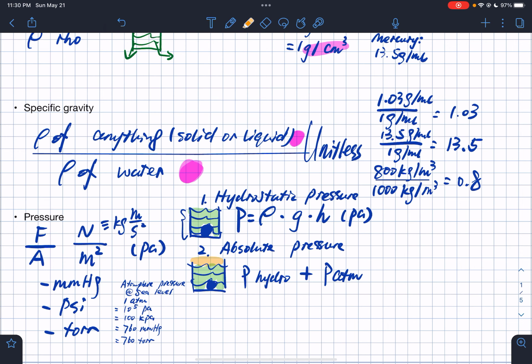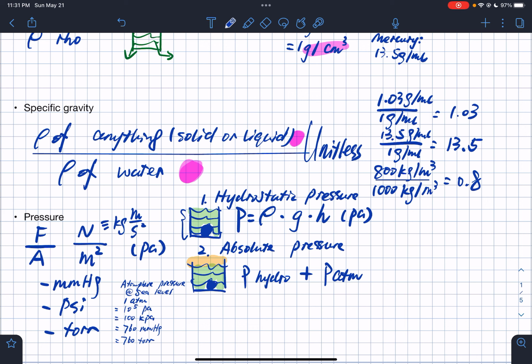So this object is really experiencing two different pressures: the hydrostatic pressure from the water or any other liquid, and the pressure from the atmosphere, right?